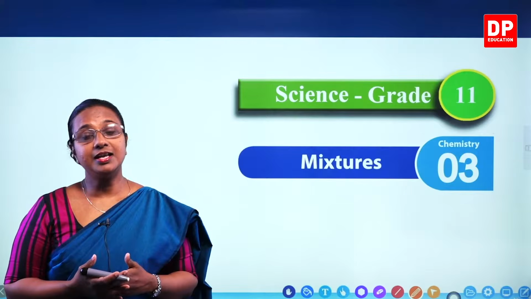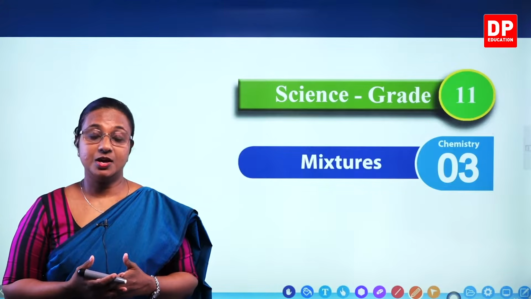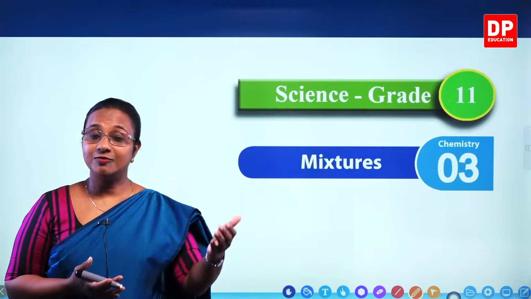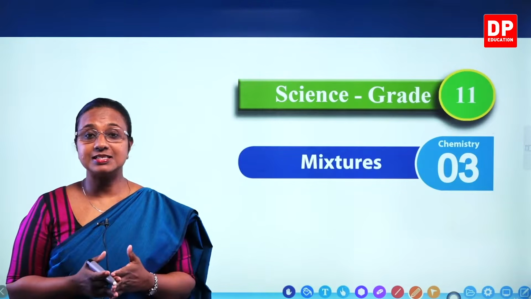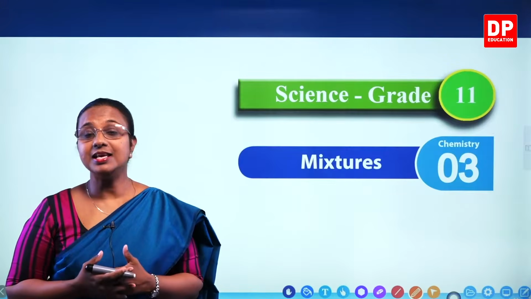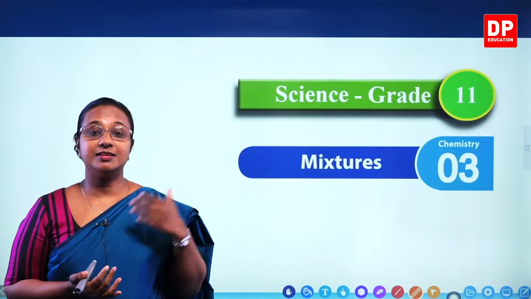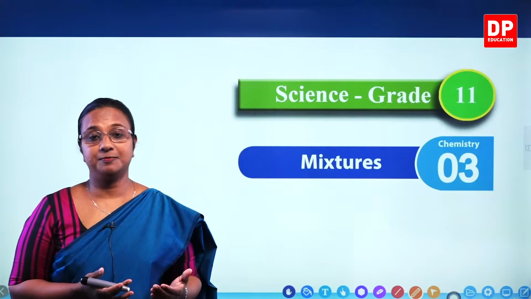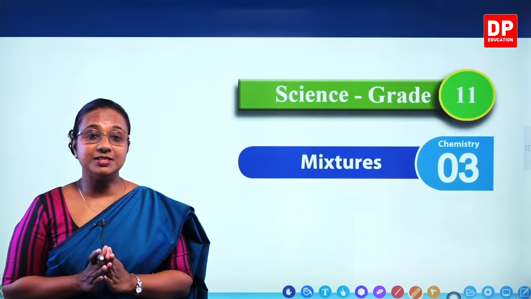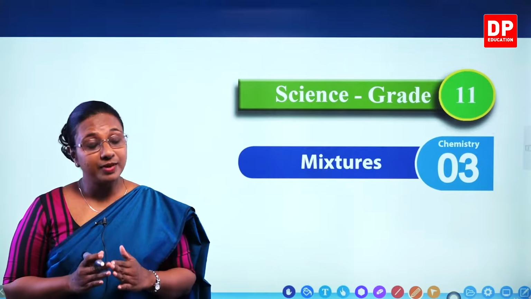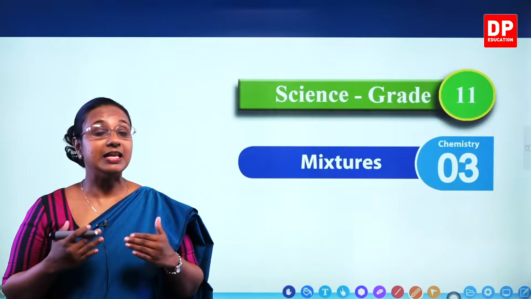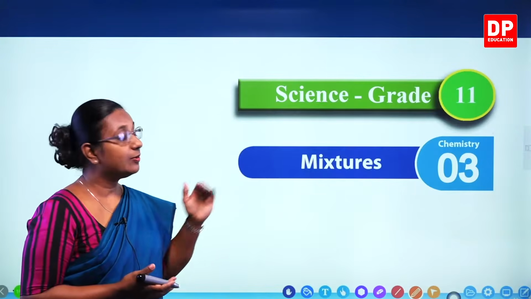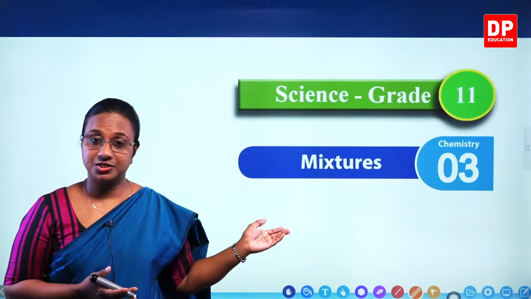Nitrogen is there in about 78%, oxygen 20%, and carbon dioxide, water vapor, noble gases, like that there are many gases mixed together and they form the air of the atmosphere. So that means mixtures are very, very important to us in many different ways. That is the reason why we need to learn about mixtures.